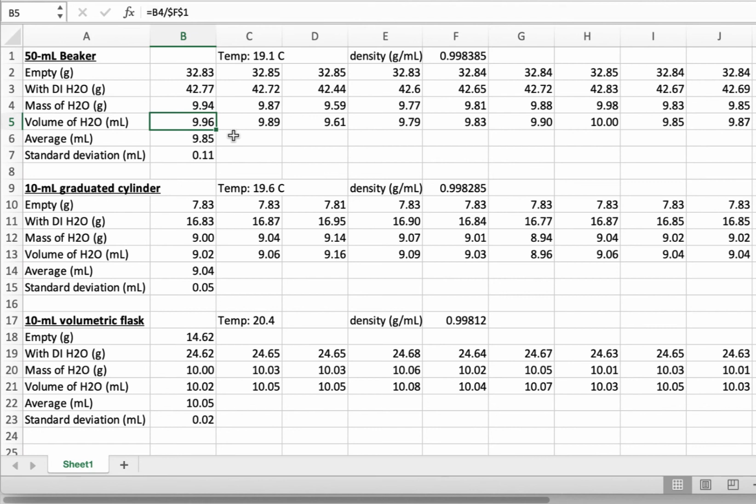It would probably be more honest for me not to claim that decimal place as a real measurement. Because I was measuring masses, I can really keep it. But if I'm talking about my average volume, I'm going to drop that last decimal place just to be a little more honest about how well my beaker measures 10 milliliters.